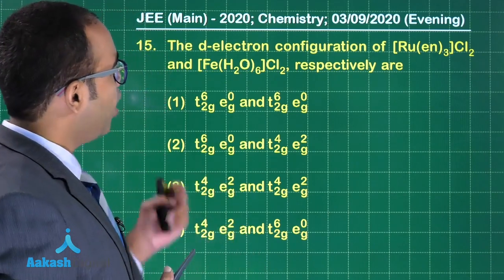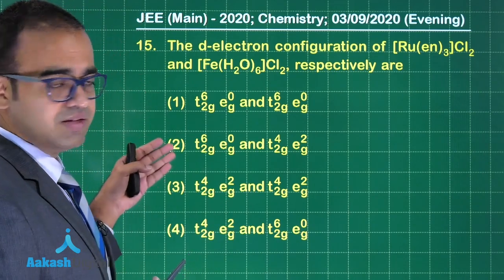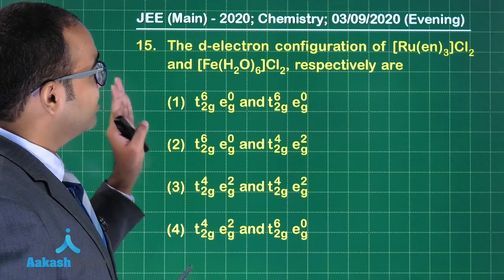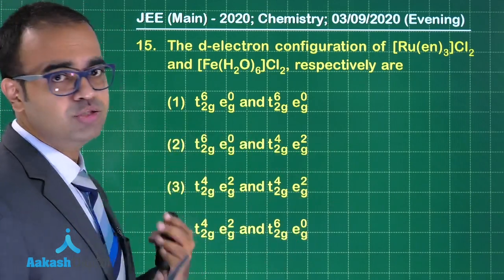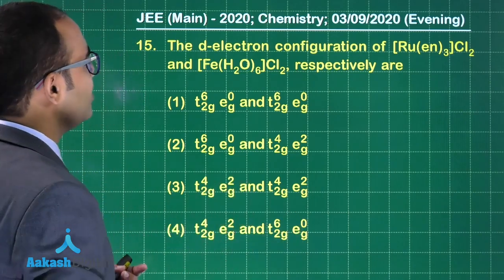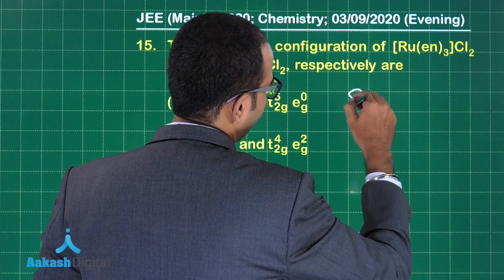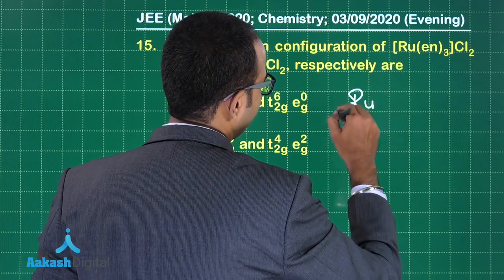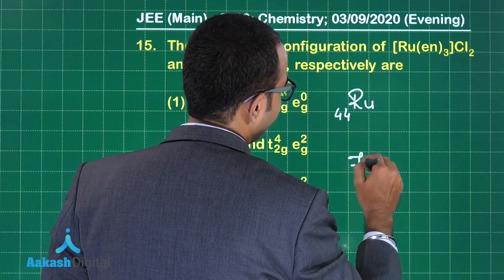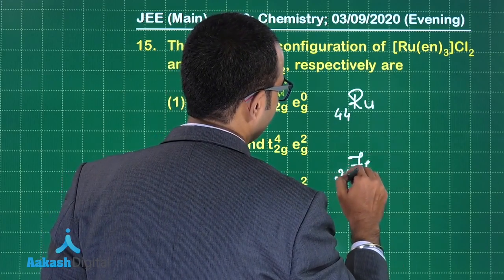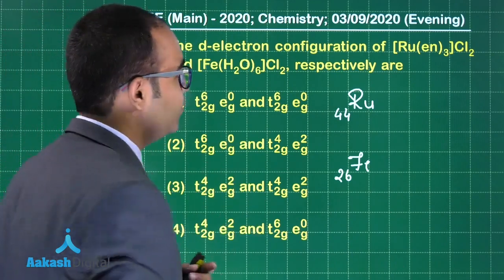So what we have to write is the electronic configurations in the crystal field splitting state. So how do we go about it? Let's see. What is the atomic number of Ru, guys? Atomic number of Ru is 44 and atomic number of Fe is 26. What is the oxidation state of Ru?